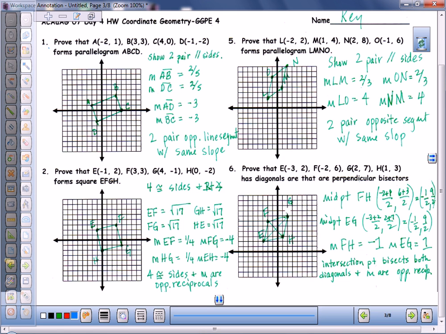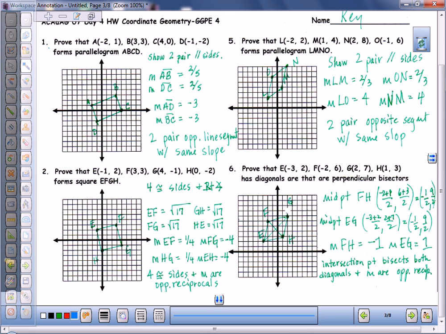Now, bisect means to cut into 2 congruent parts, right? And doesn't the midpoint of a segment do that? The midpoint of a segment divides a segment into 2 congruent parts, doesn't it? So, if we find the midpoint of both of these, which I did, the midpoint of FH, I got negative 1/2, positive 9/2, and I found the midpoint of EG, which is negative 1/2, positive 9/2, and those midpoints are the same, which means that FH bisects EG, and EG also bisects FH.